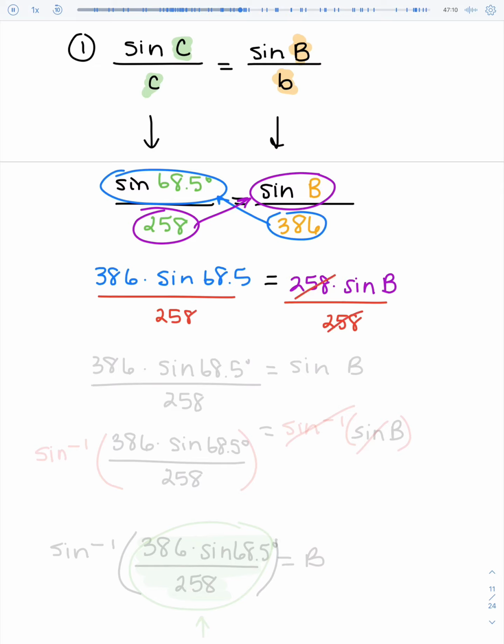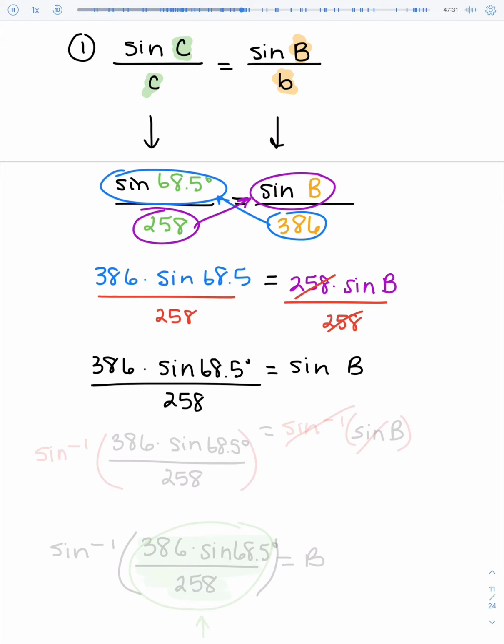This gives us that sine of B equals the 386 times the sine of 68.5 degrees all over 258.